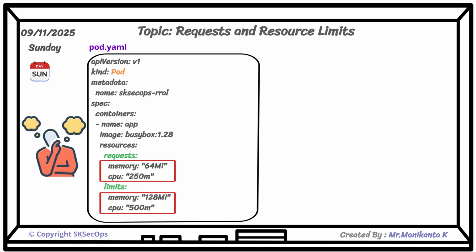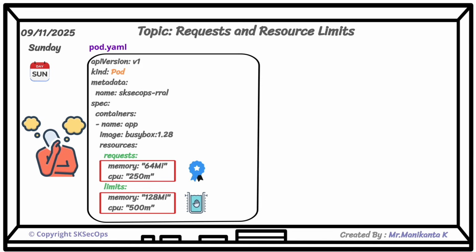Request gives guaranteed resource capacity, whereas limits give the maximum amount of capacity that the container is allowed to use. If you observe again, these resource requests and limits are assigned to the containers.